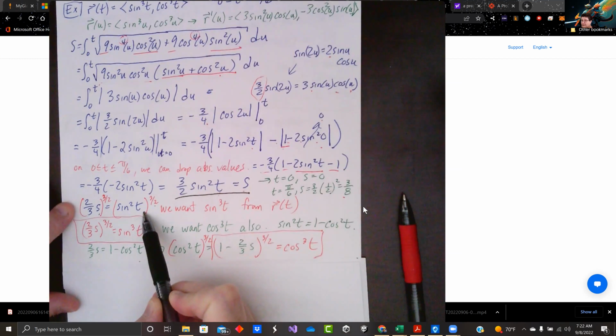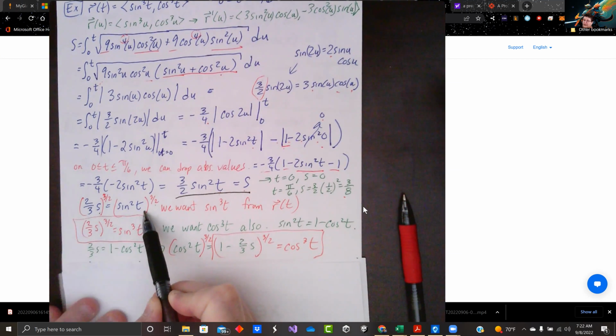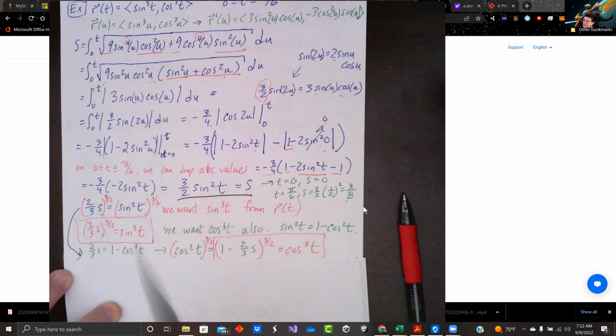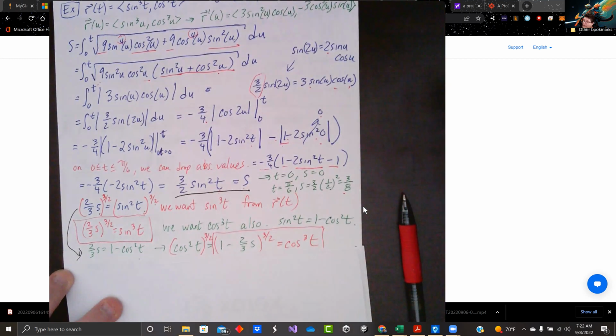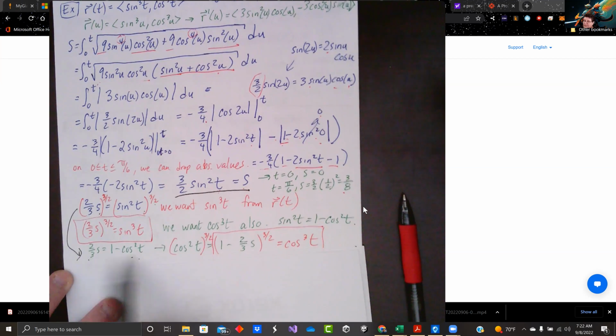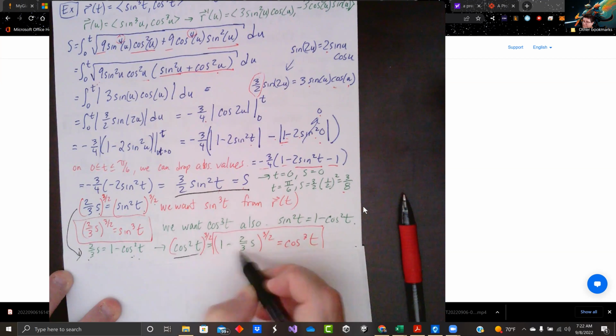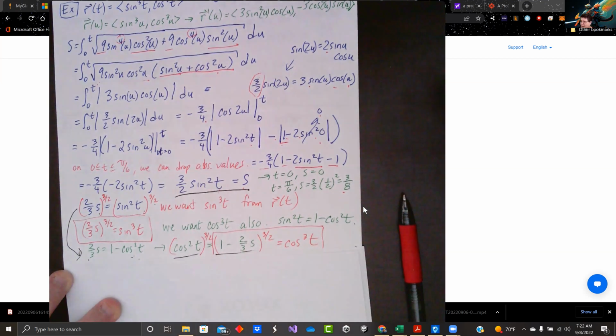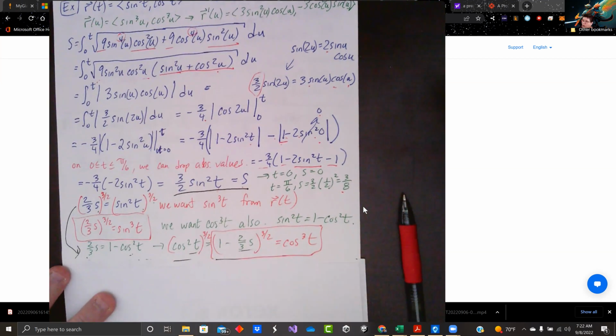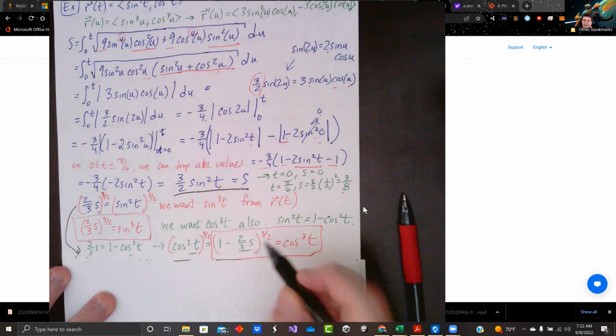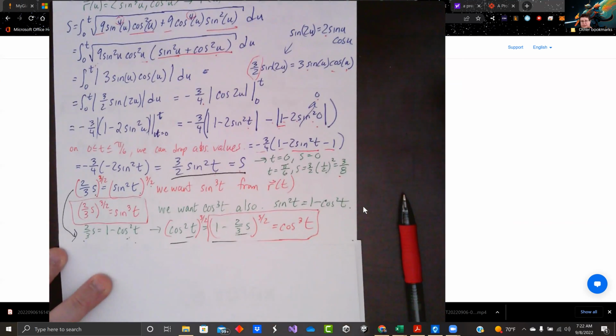I've got that turns into this for cosine. I will add cosine squared t to the left side and subtract 2/3 s from the right side. That's how I got it looking like this. And then we do the 3/2 power again. So 1 minus 2/3 s to the 3/2 power is cosine cubed t.